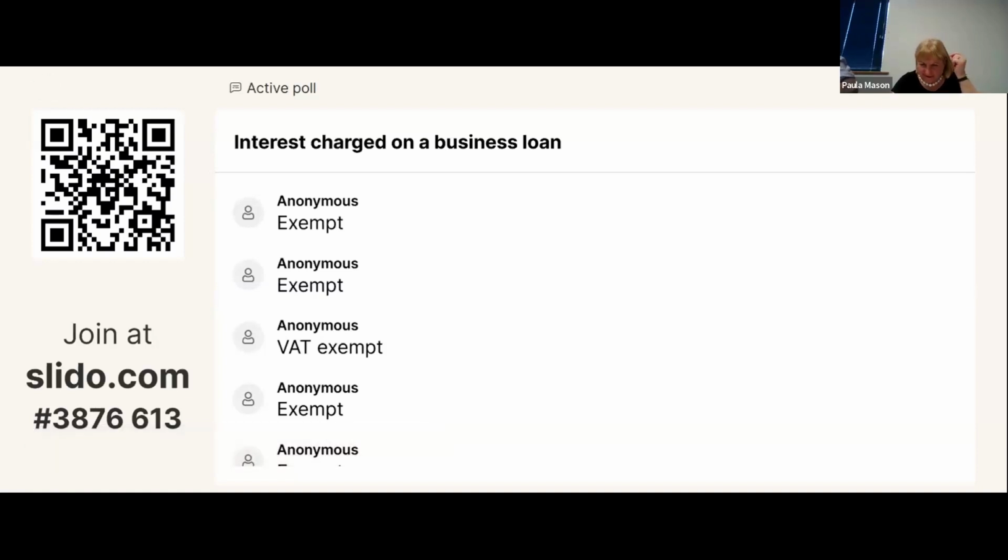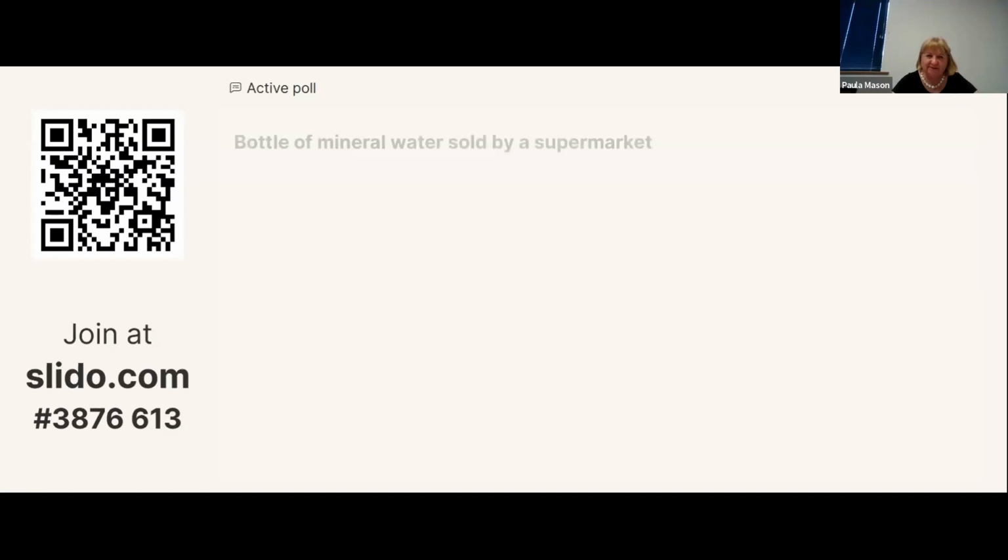Okay, I think everyone's got that right. So yes, that would be an exempt supply for VAT purposes. On to the next one. Bottle of mineral water sold by a supermarket.